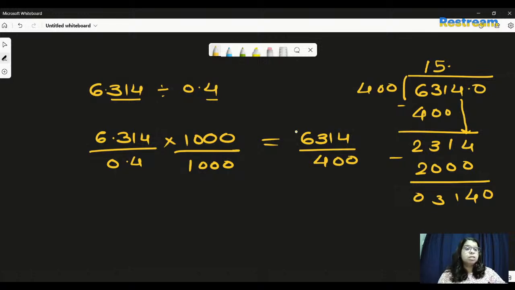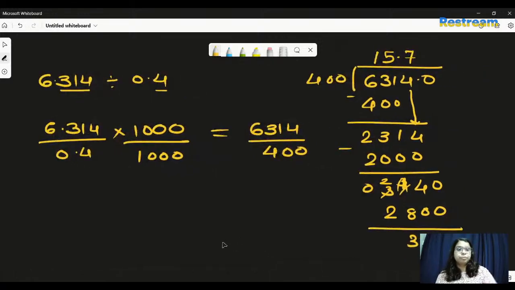Now this is times 7, which is 2800. So 0, 4, so this is 11, so 3. So we have 340 here.